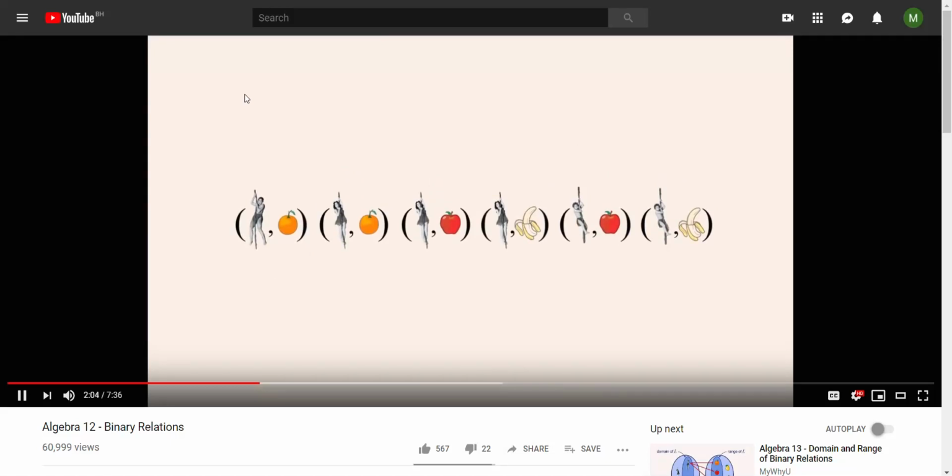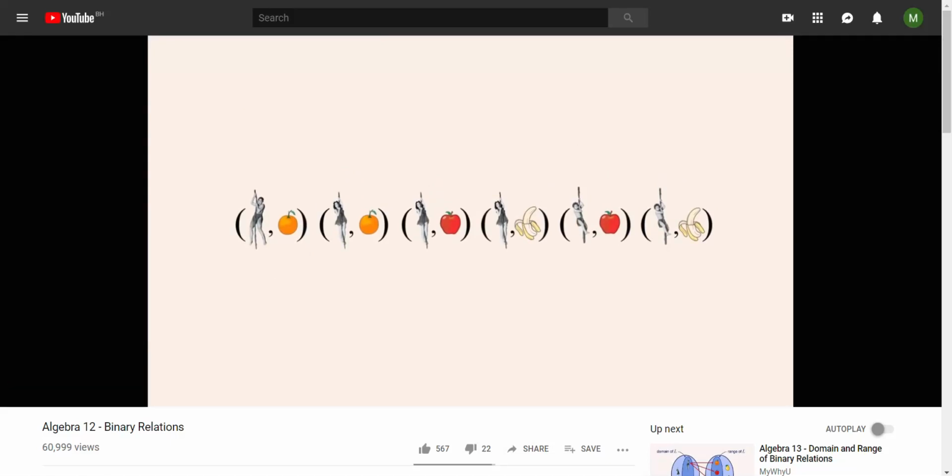This collection of ordered pairs symbolizes associations from members of one set to members of another set. We call the set that contains these ordered pairs a binary relation. So that's a binary relation.